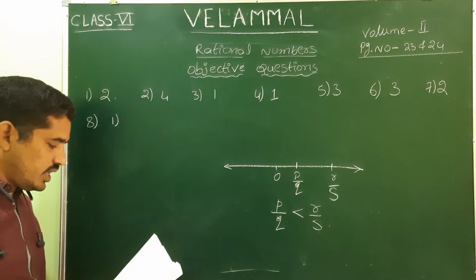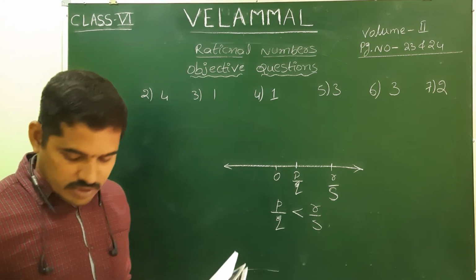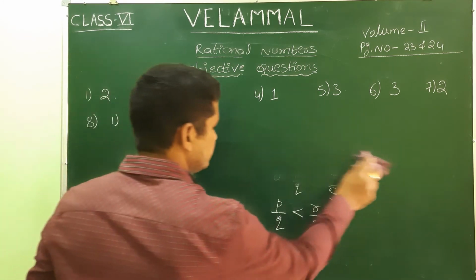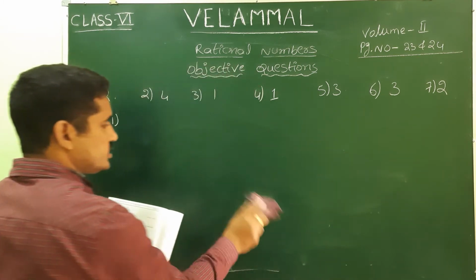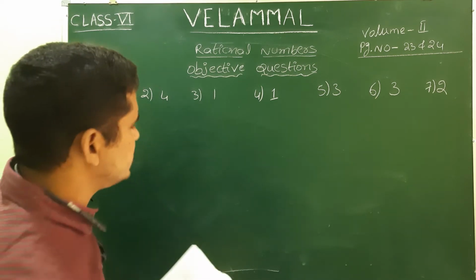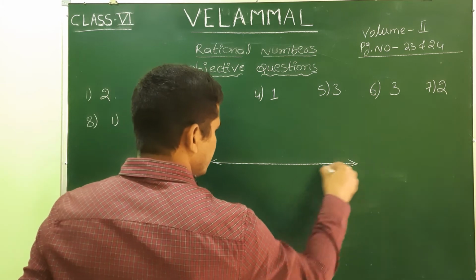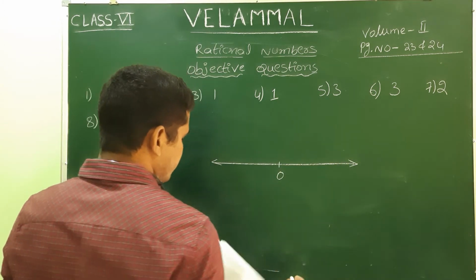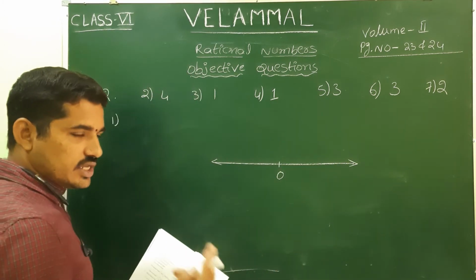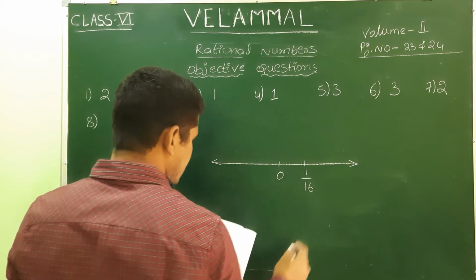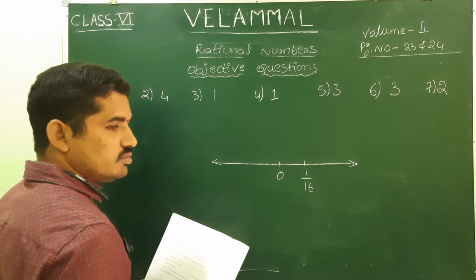Next, the ninth question. The rational numbers 1 by 16 and minus 1. On the number line, we take 0 here. 1 by 16 is a positive rational number, so somewhere take 1 by 16, and minus 1 is given, so somewhere take minus 1.